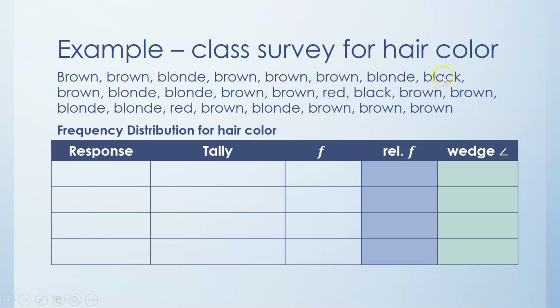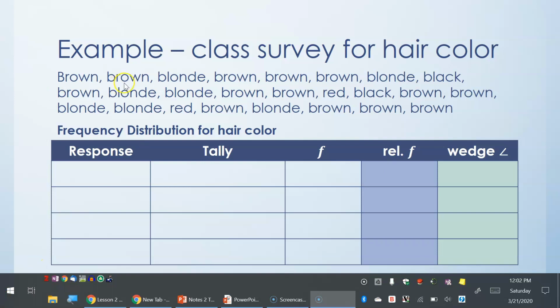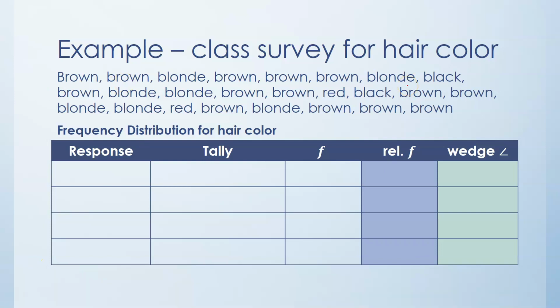And my job is to just go through each response, make a category for that response, and figure out how many of each I have. We'll look at these two columns here in a little bit. Okay, so let's go through these here.